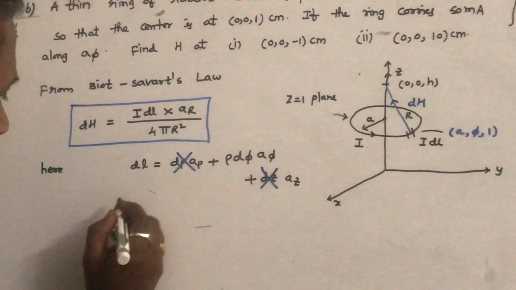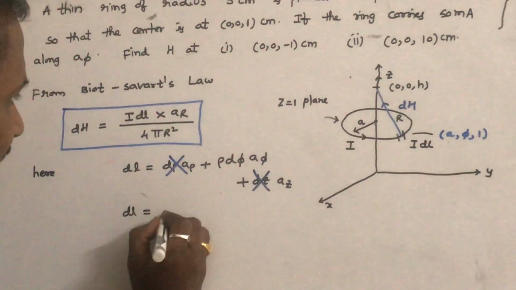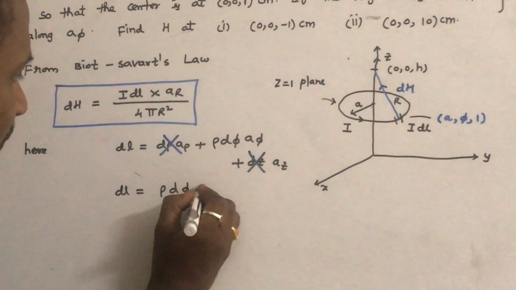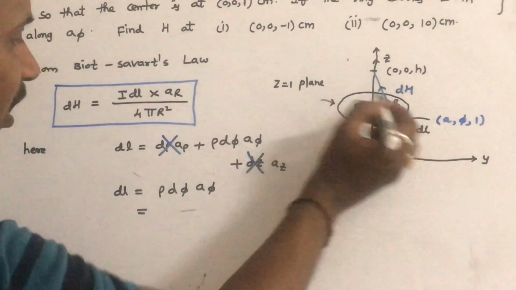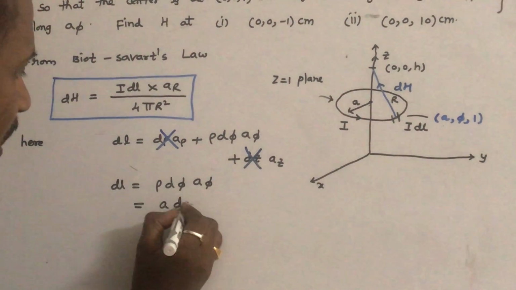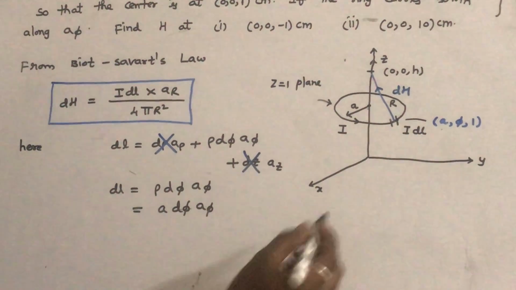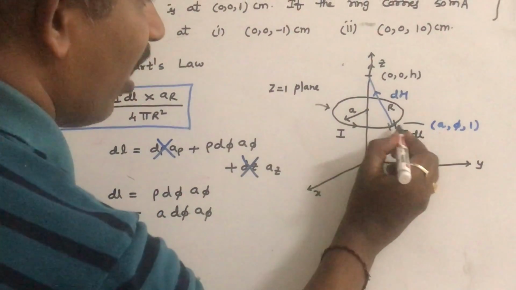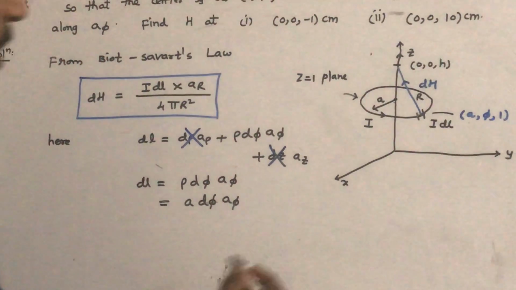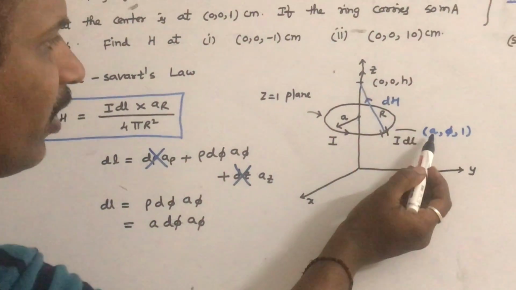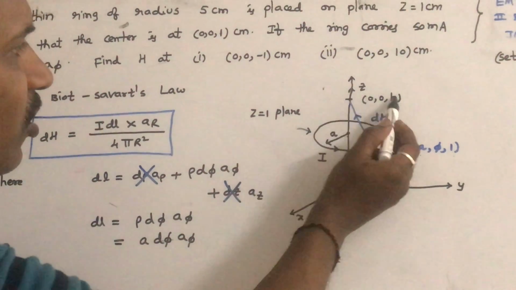Therefore the small section on the ring is taken as rho d phi a phi, but rho everywhere on the ring is a. So the small section on the ring is a d phi a phi.